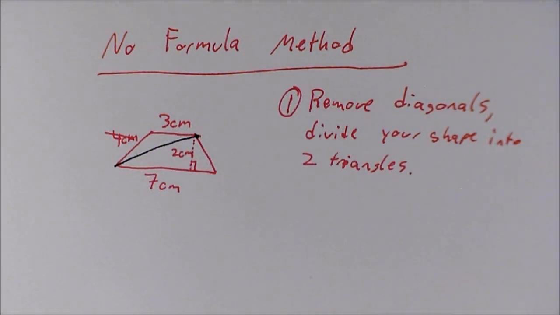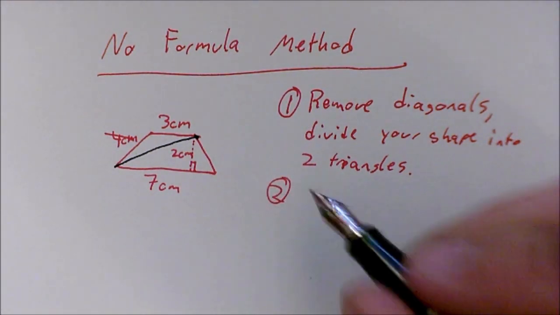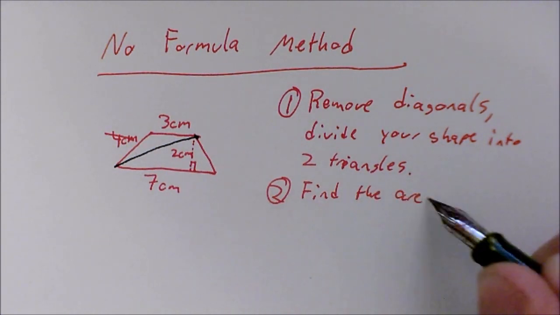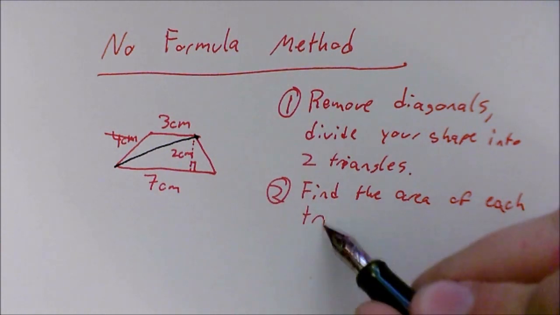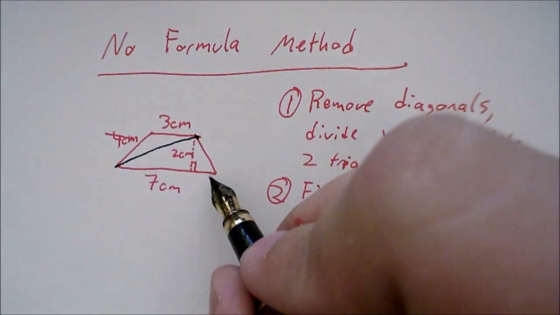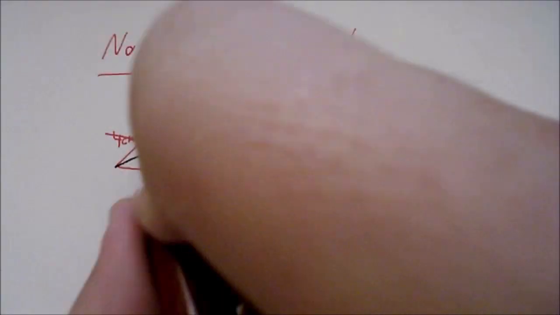Step number 2 is going to be to find the area of each of those triangles. So, I'm going to go ahead and label our triangles as triangle 1 and triangle 2, with this one being triangle 1 and this one being triangle 2.